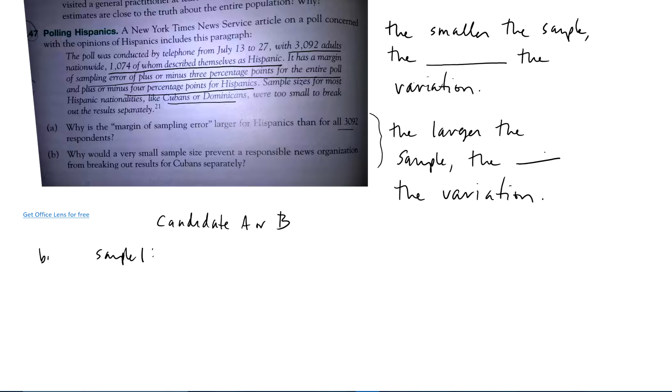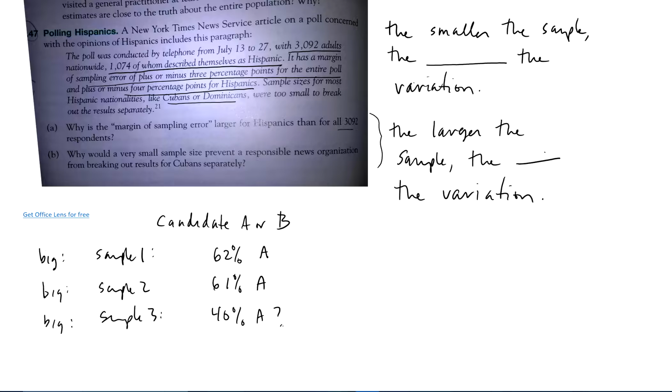Sample one, I might get 62% favor candidate A. Sample two, big sample, I might get 61% favor A. Would you be really surprised if in sample three, with a big sample, we're talking thousands of people, I pop up with a 40% sample A? Would that surprise you? And the answer should be, yeah, that's really surprising.